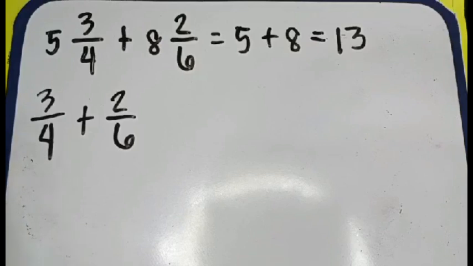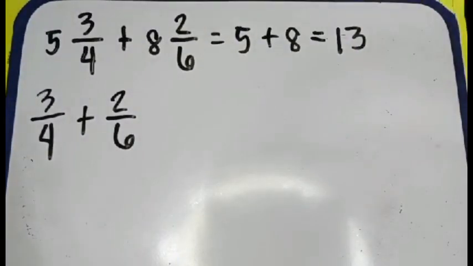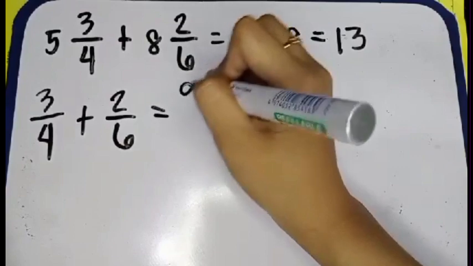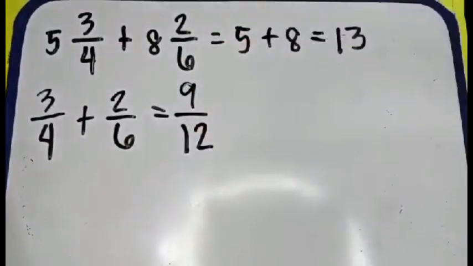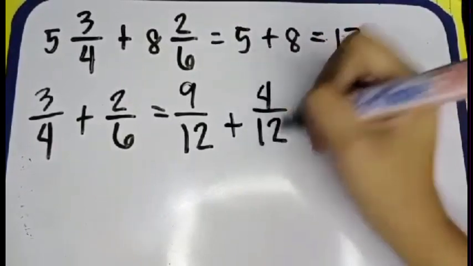Ngayon nahanap na natin ang LCM ng both denominator, we are going to multiply both numerator and denominator of each fraction by the number that make its denominator equal to our LCM. So 3/4 is i-multiply natin by 3, and that will be 9 over 12. And 2/6 is i-multiply naman natin by 2, and the answer is 4 over 12.